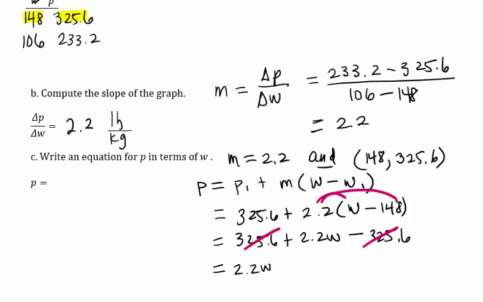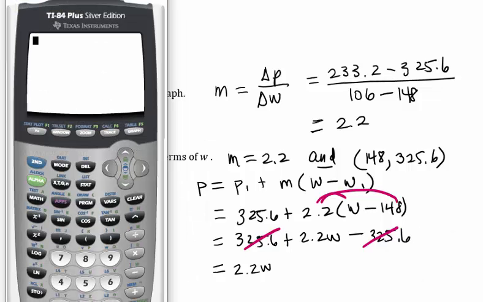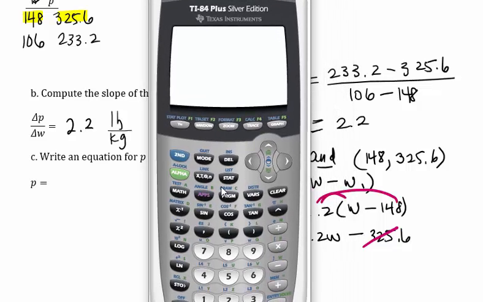Okay, I'll show you one other option, because if we know 2 points on a line, we can find the equation of the line also using linear regression. And so I'm going to enter under Stat and Edit.